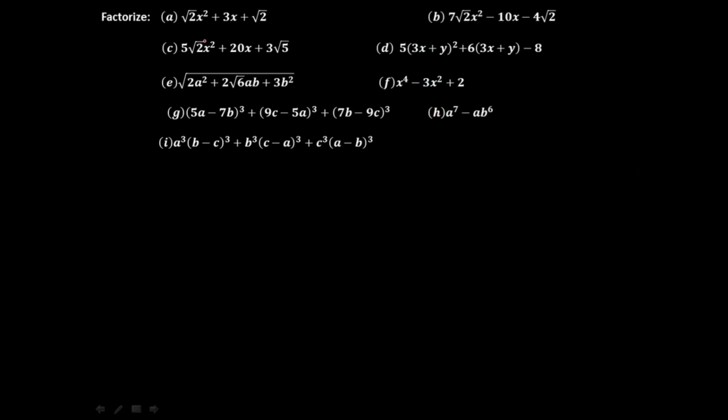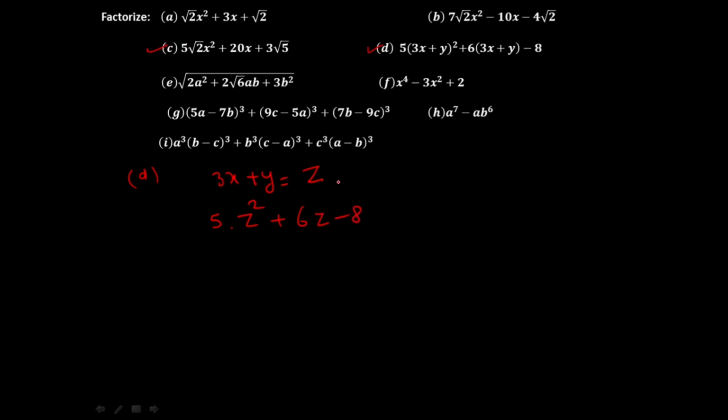Now the third part, that I'm not going to solve. Let's see part D, because C and B are both the same. In D part, I will assume 3x plus y equal to something else. I'm assuming z. So what will I get here? 5 times z square plus 6 times z minus 8. I have to factorize this.